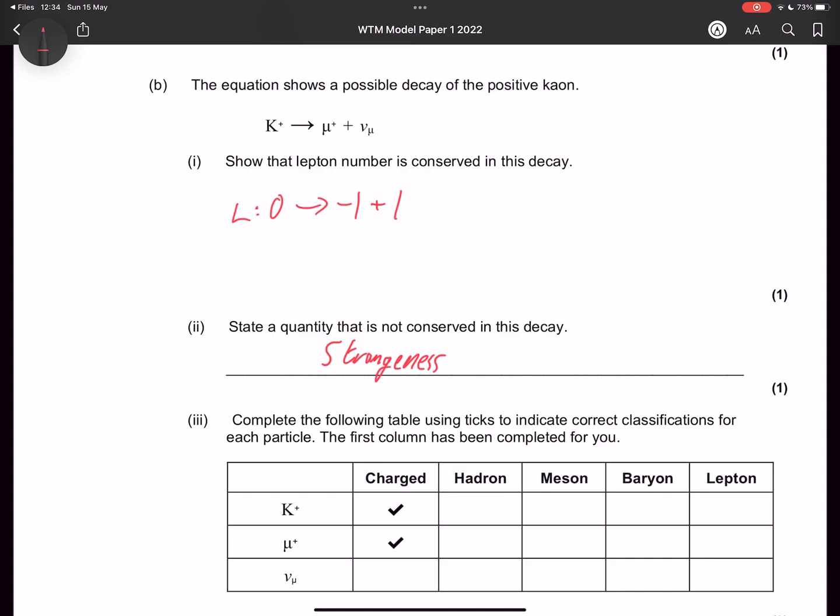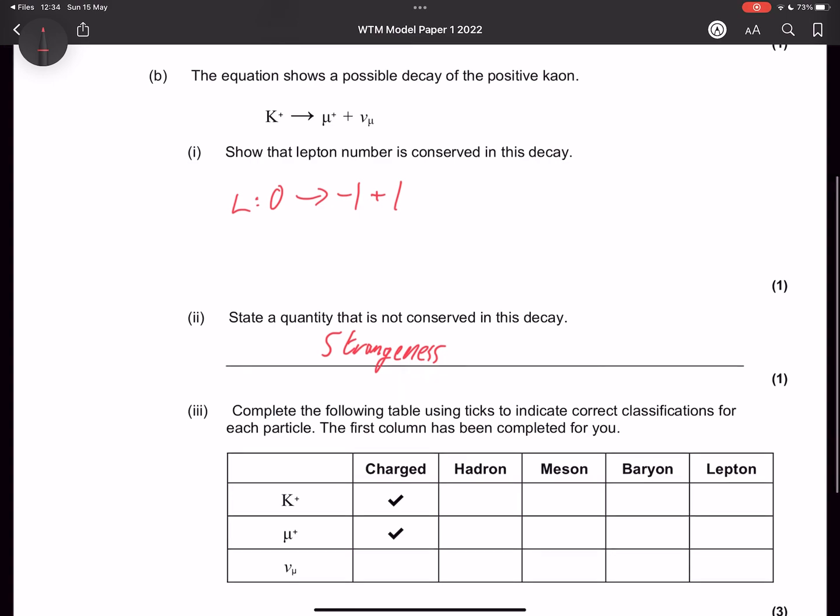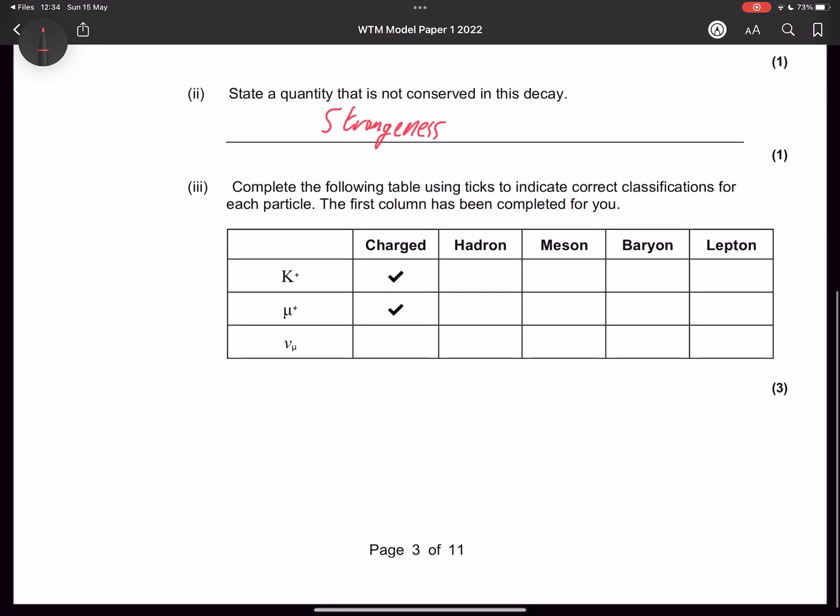Conservation of strangeness is clearly the answer here, and if you're not sure why, K plus has a strange quark of some kind, so an anti-strange quark, whereas leptons have no quarks, so it clearly has to lose the property. This table is quite nice again, but people might have an expectation that something must be filled in every column.